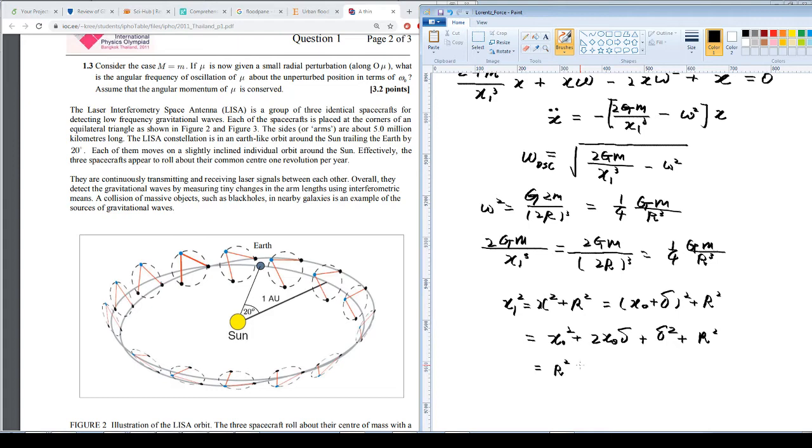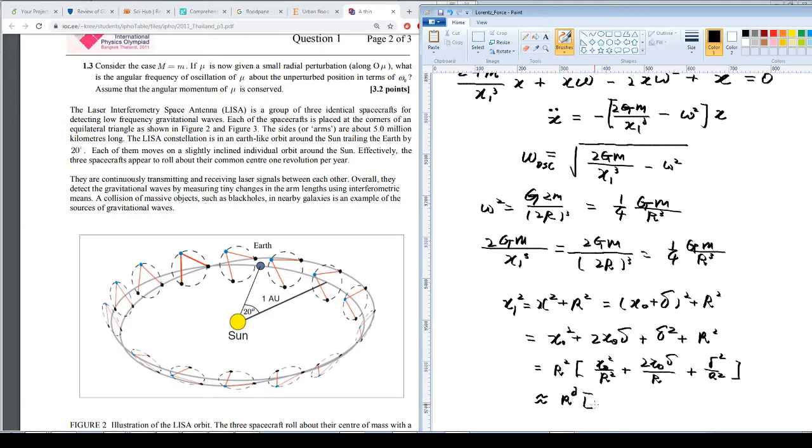Take r squared out, it becomes x naught squared over r squared, plus 2x naught over r delta, plus delta squared over r squared. Ignore that.